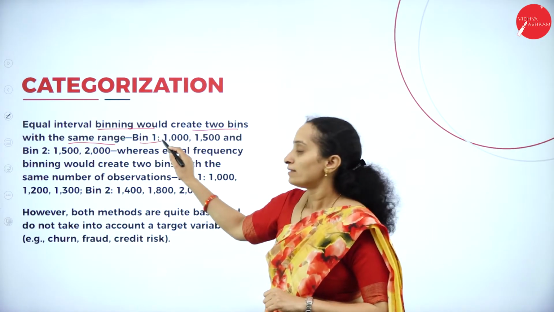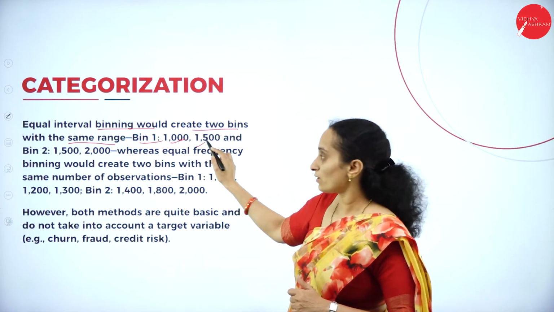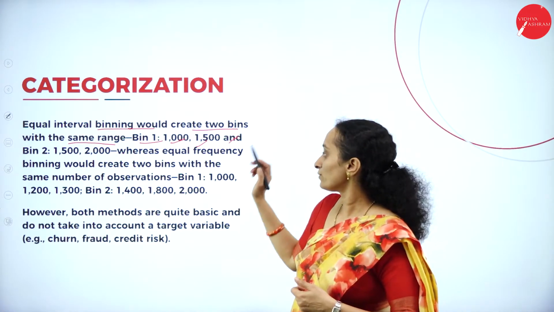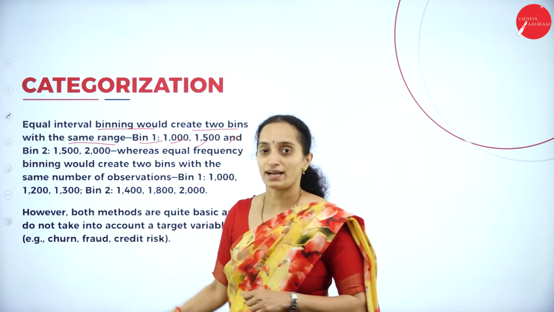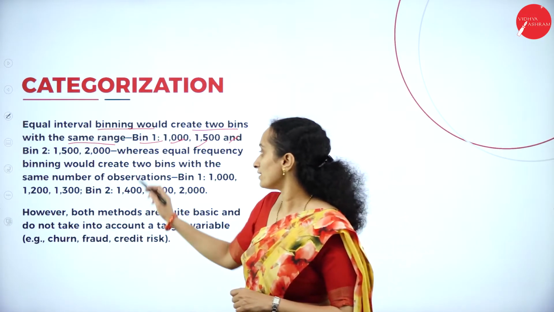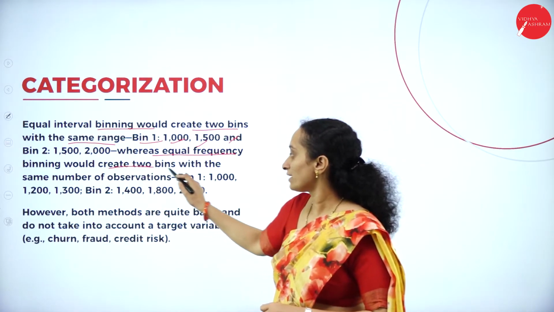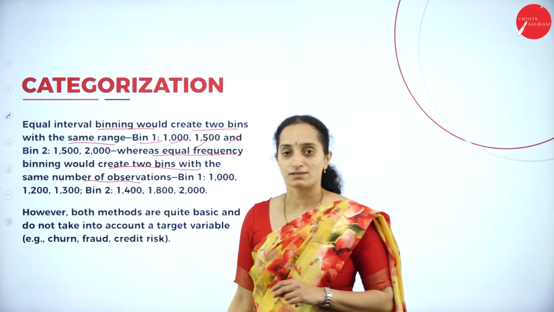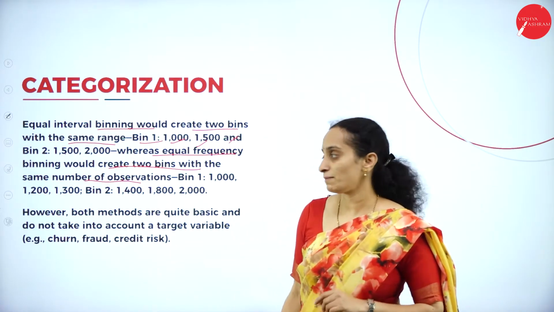That is, bin 1 will have 1000 to 1500, and bin 2 can have 1500 to 2000, whereas equal frequency binning would create two bins with the same number of observations.